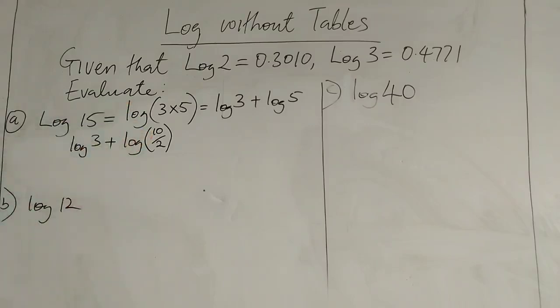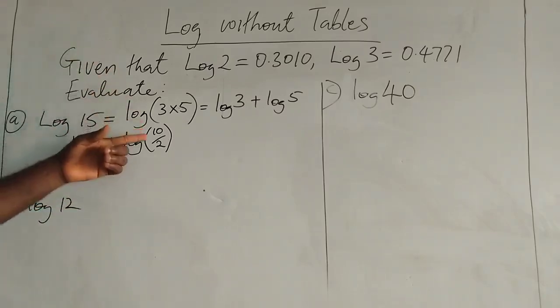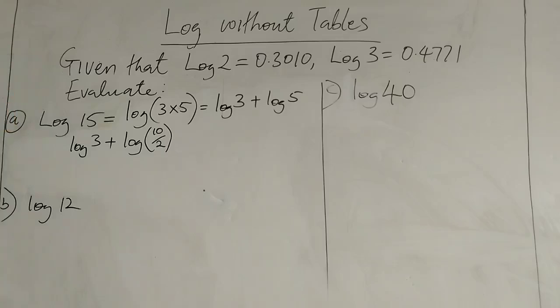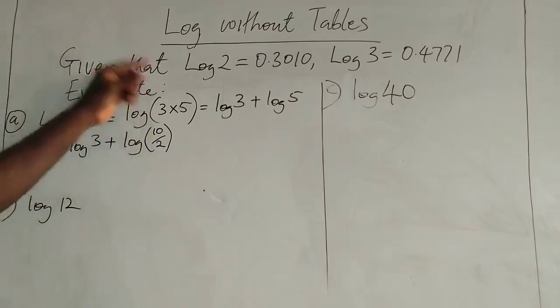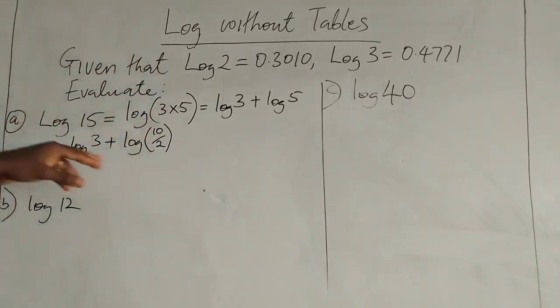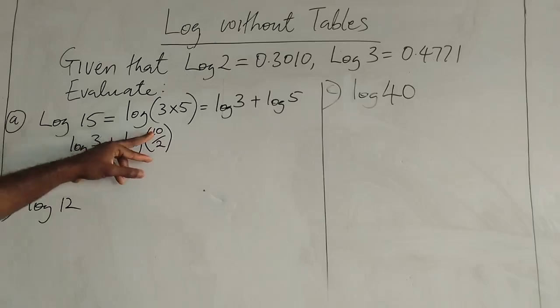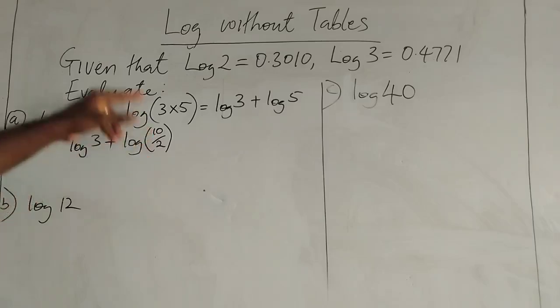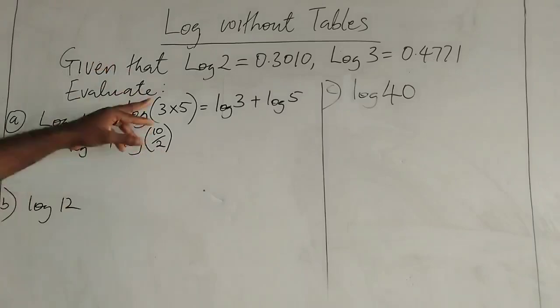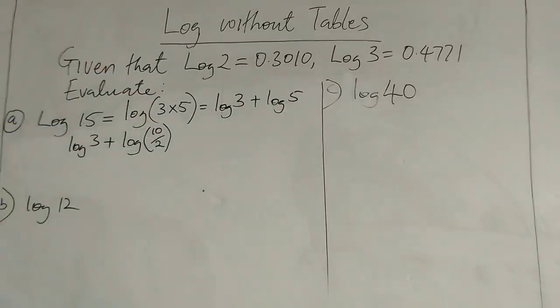It is one of the easiest ways of evaluating those logs that are not given. So I chose 10 and then 2 as the equivalent of 5.